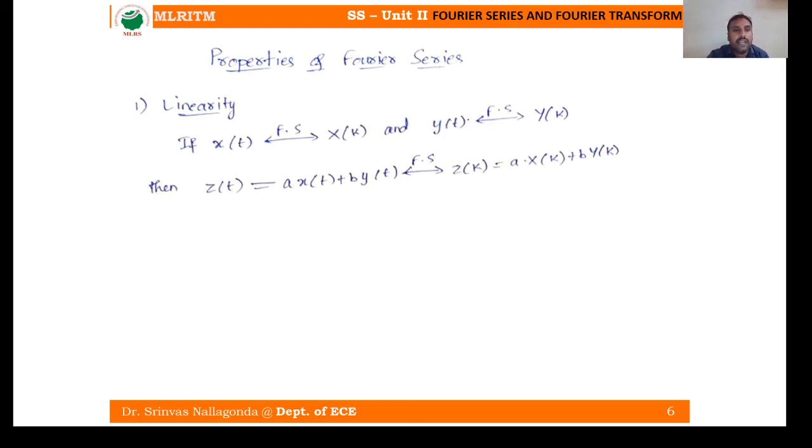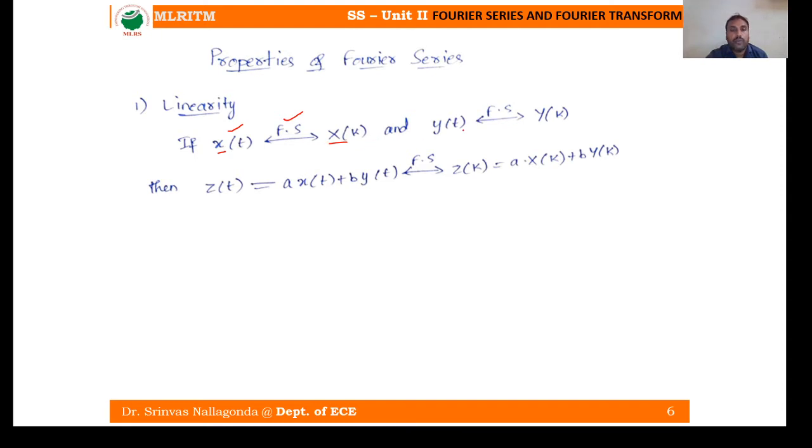First property is linearity. What is meant by linearity? x of t is a signal. After Fourier series, it is x of k. This is small x, this is capital X. t is converting into k after Fourier series.